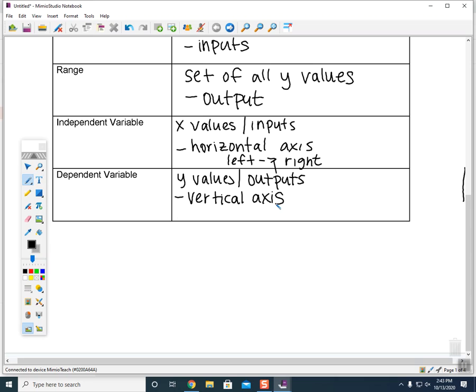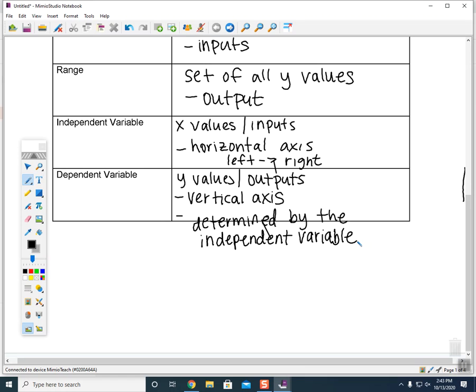And another way that I think about the dependent variable is that the dependent variable is determined by the independent variable. It depends on it, right? So our dependent variable is determined by our independent variable.